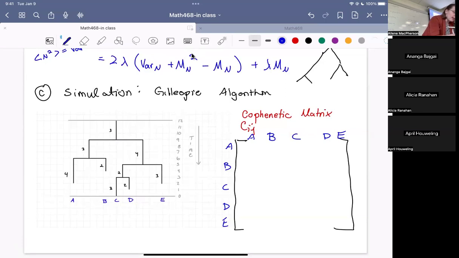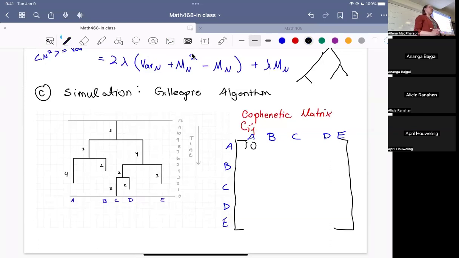Okay, so let's think about the amount of shared ancestry between A and itself. A shares this branch with itself, it shares this branch with itself, and it shares this branch with itself. And because I can't do addition in my head when I'm standing up, I will cheat and tell you that this quantity is 10.